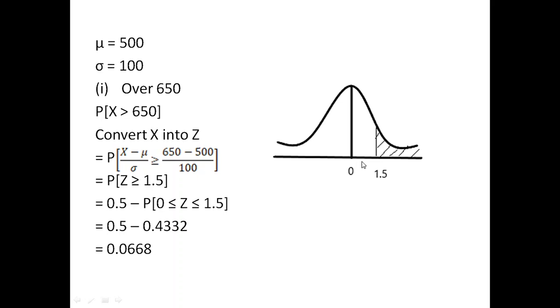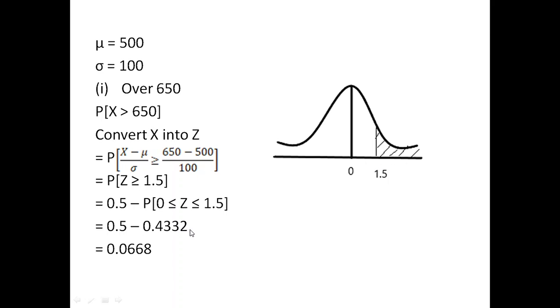If I subtract this area, which is from 0 to 1.5, from the whole half area 0.5, then automatically I will get this area. So here I have used the same technique, that from the whole area I subtract this part, then I will get this part. So 0.5 minus the probability of 0 to 1.5.